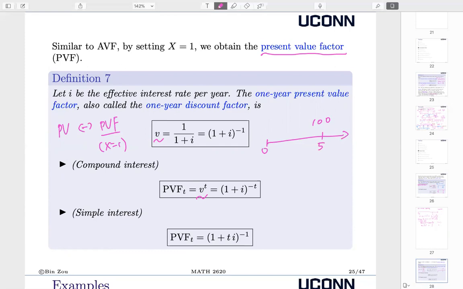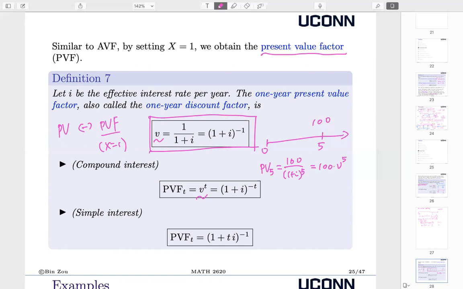According to this, my present value will technically be 100 divided by (1 plus i) to the power 5. With the introduction of v, the formula becomes nicer or neater. This is the reason why we introduced this 1-year discount factor, because it really helps us to do the computation.